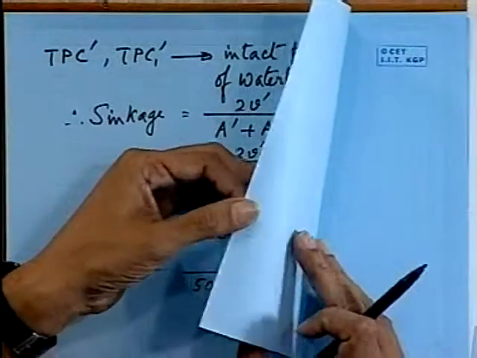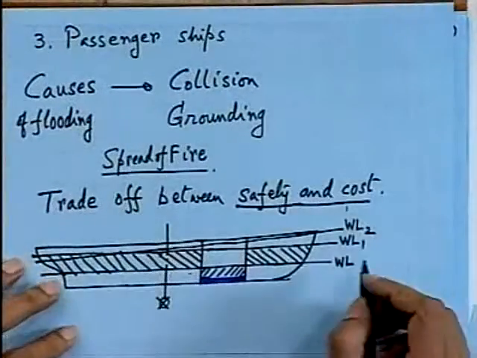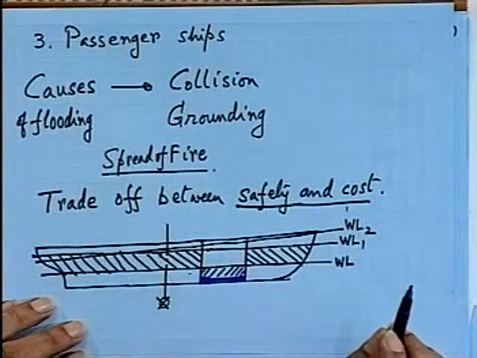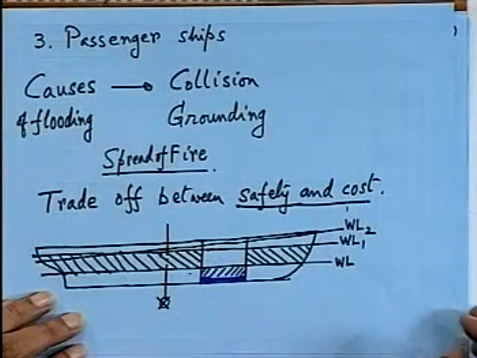Now the next item that we have to calculate. So we have calculated the parallel sinkage, that is the vertical distance between WL and WL1. So now after this we have to calculate the trim.